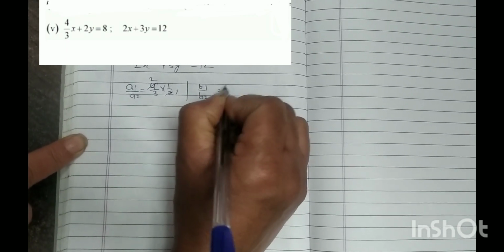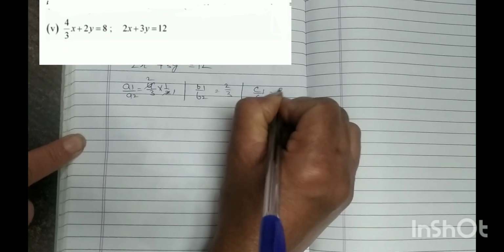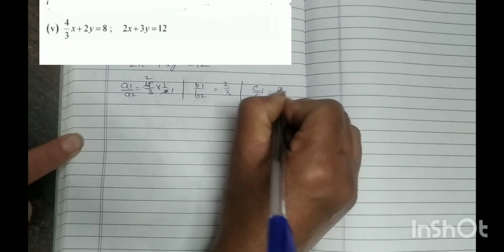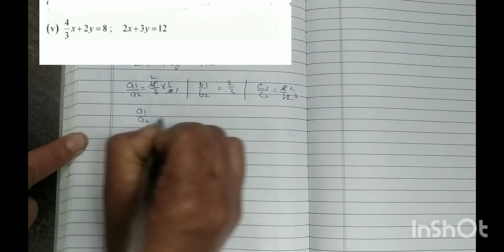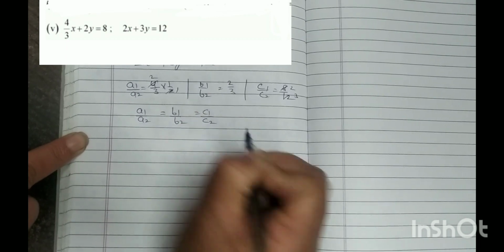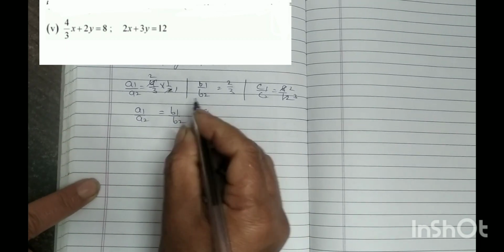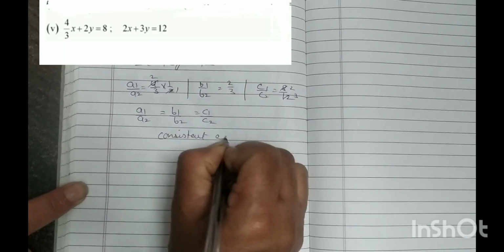B1 upon B2 equals 2 upon 3 and C1 upon C2 equals 8 upon 12. 4 2s are 8, 4 3s are 12. A1 upon A2 equals B1 upon B2 equals C1 upon C2. They are equal, so this is also a consistent equation.